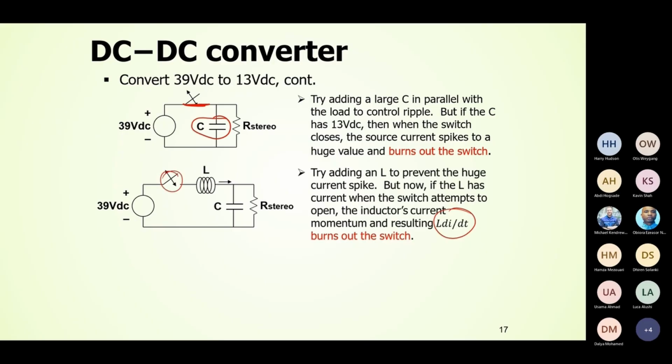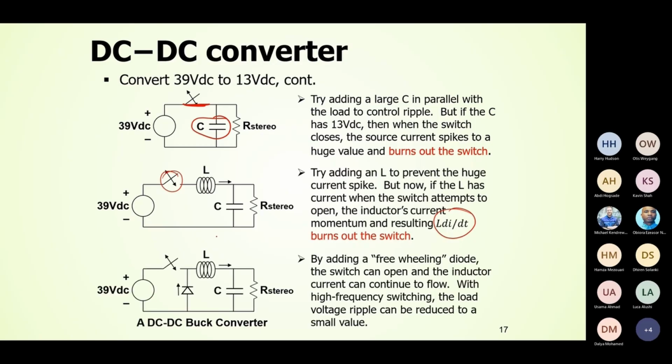So the solution to this problem is just to add a diode. Thanks to this diode, even though there is current in the inductor and the switch tries to open, there is a path for the inductor current to flow instead of burning the switch. And this is actually the topology of a DC-DC buck converter.